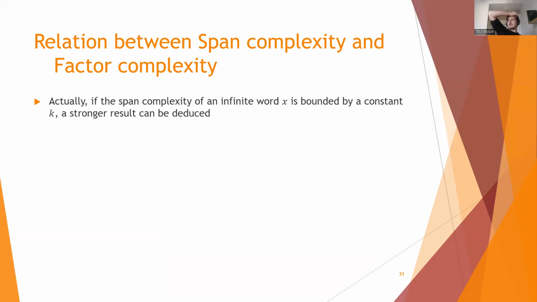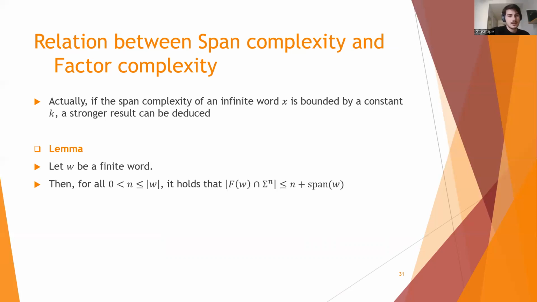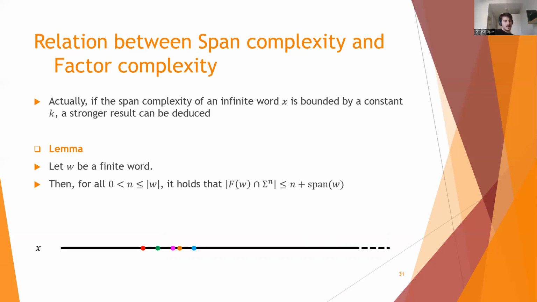However, we can also obtain a stronger result. In fact, if the span complexity of an infinite word is bounded by a constant, we can deduce the following lemma, which actually refers to finite words. Given a finite word w, for all n, it holds that the number of distinct factors of length n is less or equal than n plus span of w.